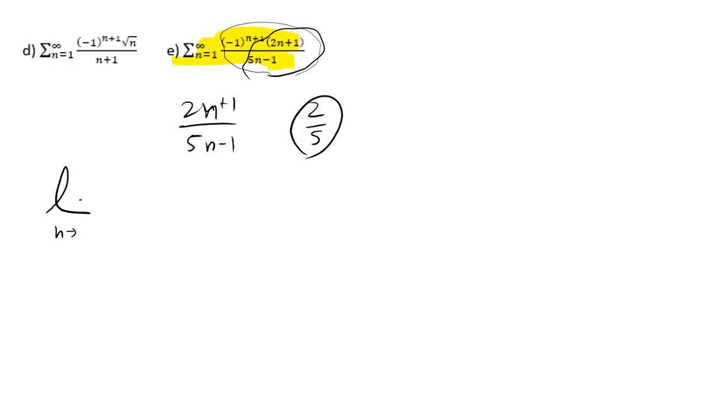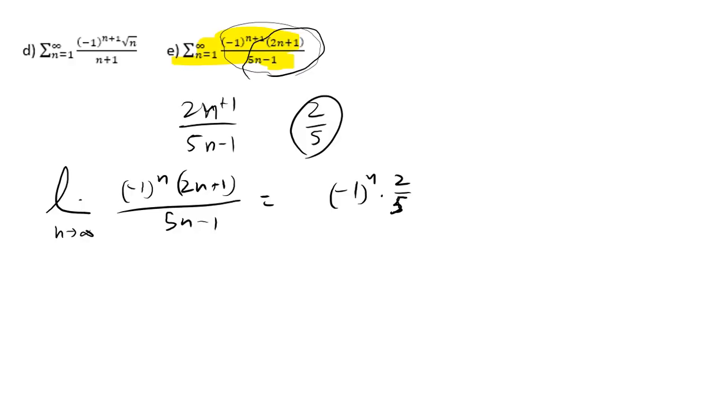limit as n goes to infinity of (-1)^n times (2n plus 1) over (5n minus 1). This is like (-1)^n times 2 over 5. When n is infinity, this is like 2 over 5, and you're sending n to infinity. So that's going to be a limit that does not exist. And this is what we call the nth term test.